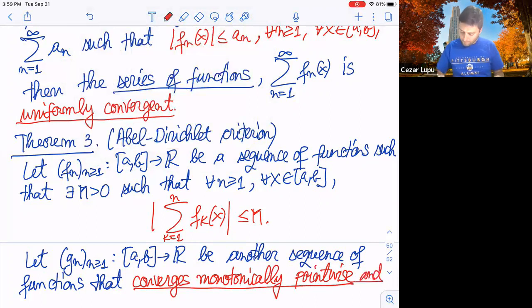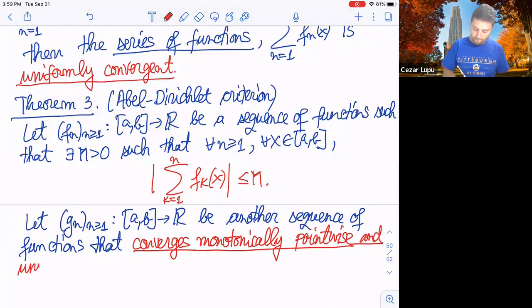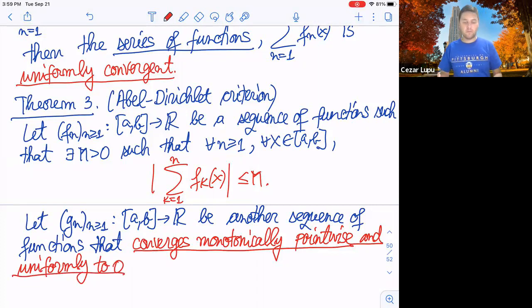And uniformly to 0. So Fn converges monotonically, pointwise and uniformly to 0. Then guess what?